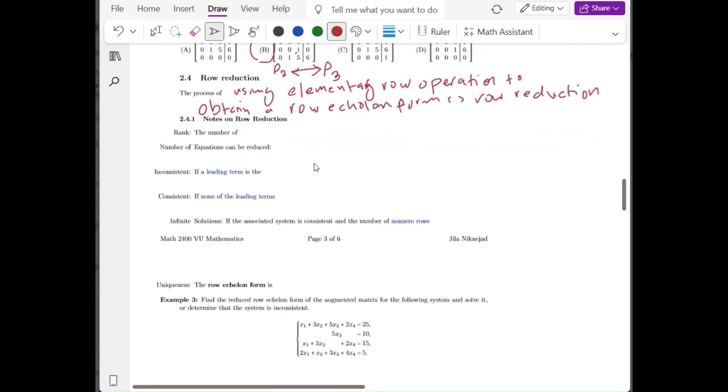What is rank? The rank of a matrix in reduced form is the number of non-zero rows in either one. It doesn't matter if it's reduced row echelon form or row echelon form.